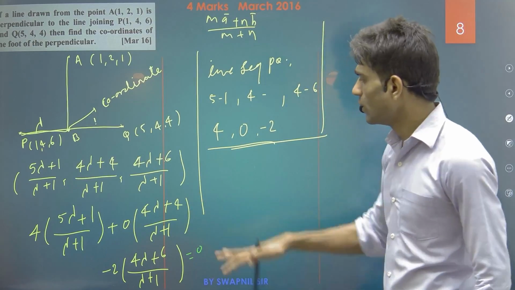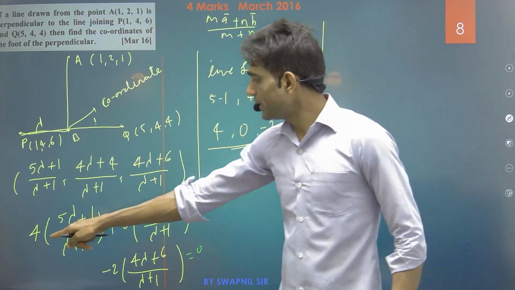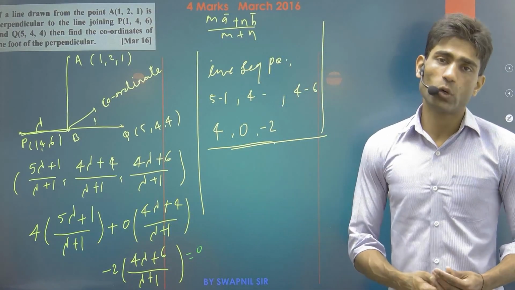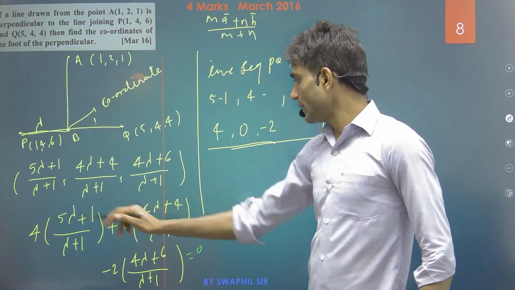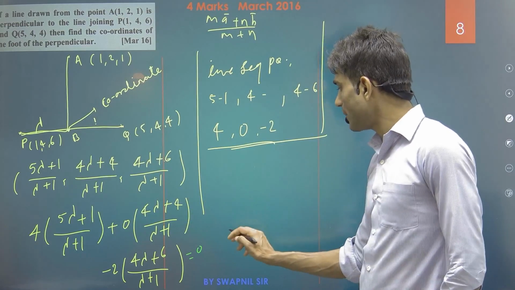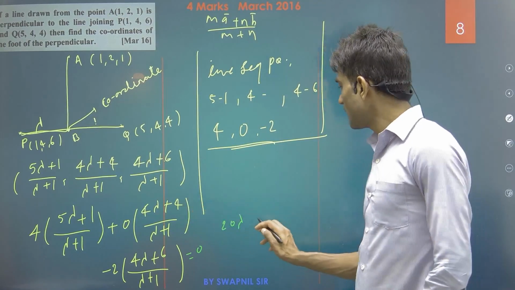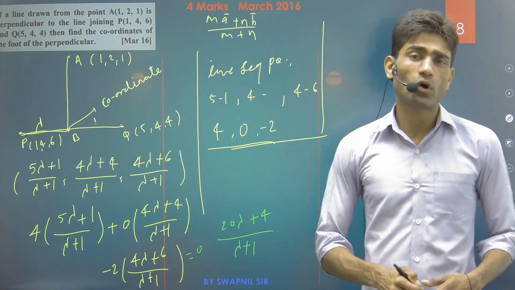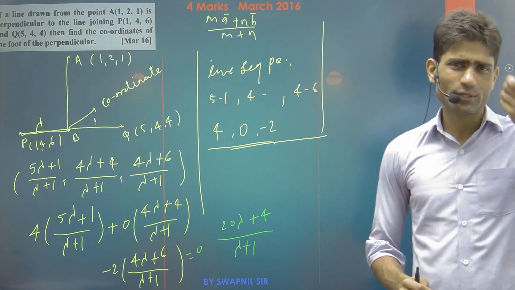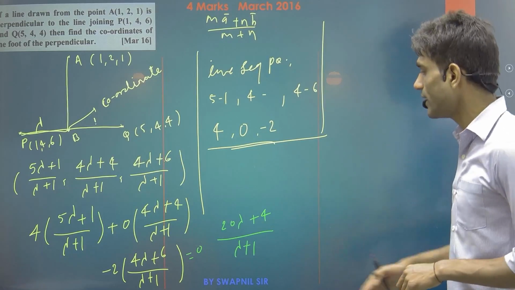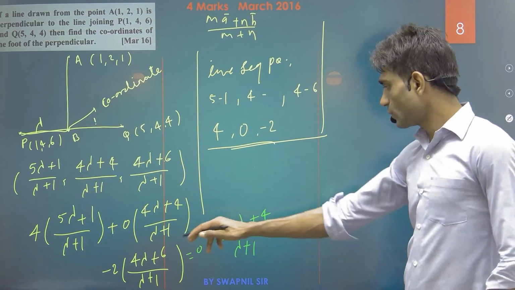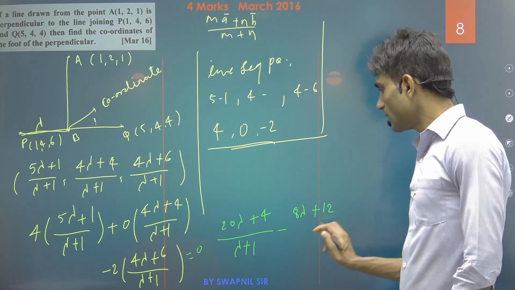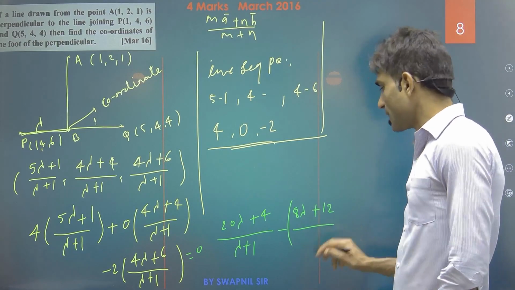Now multiplying: 4 fives are 20 lambda, so we write 20 lambda plus 4 divided by lambda plus 1. 0 multiplied by the second one always goes to 0, as we know that multiplying any vector by zero gives zero. Then multiply negative 2 by the other one: 4 twos are 8 lambda, and 6 twos are 12, so 8 lambda plus 12 upon lambda plus 1.